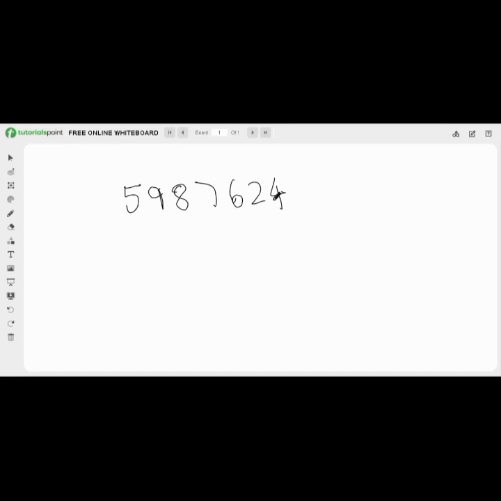Tell me if this number is divisible by 4. Yes, it is, because the last digits, the tens and ones place, are 24. If we divide, we can see it is divisible by 4. So the whole number is divisible by 4.